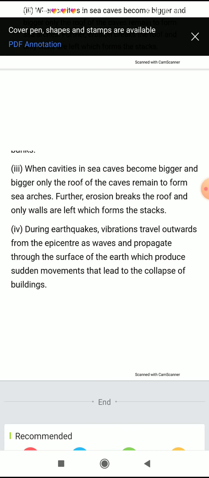During an earthquake, vibrations travel outwards from the epicenter as waves and propagate through the surface of the earth, which produces sudden movement, and that leads to the collapse of buildings. Okay, so we have done how an earthquake happens or occurs.